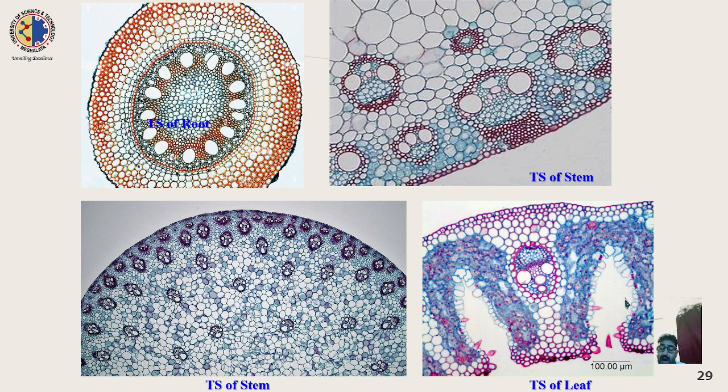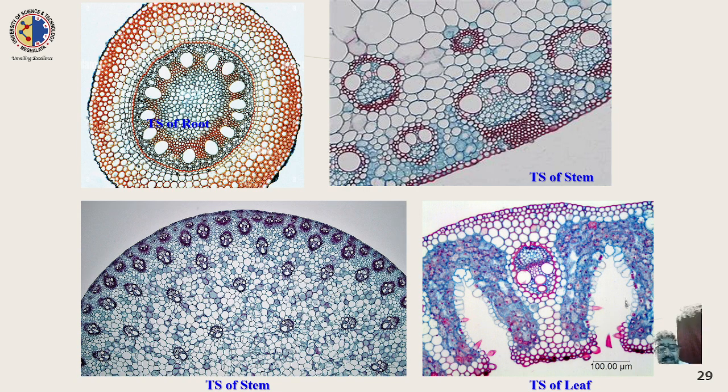In xylem and phloem there are different types of cells. In xylem we have tracheids, vessels, xylem parenchyma, and xylem fibers. In the same way, phloem has sieve tube elements, companion cells, phloem parenchyma, and phloem fibers.